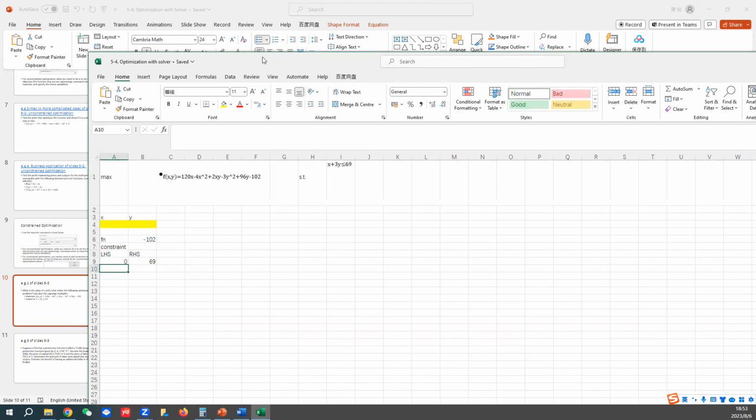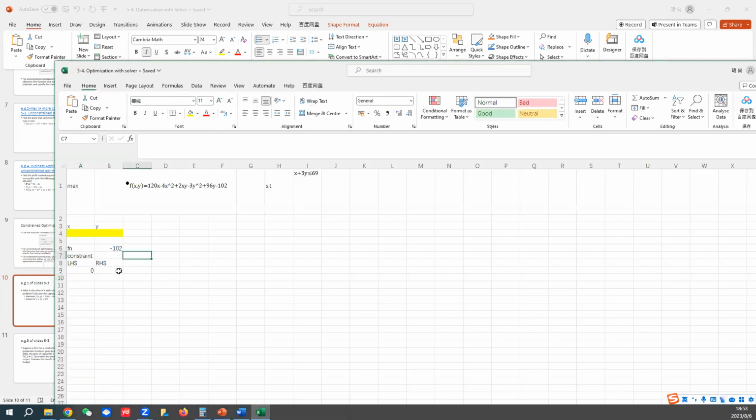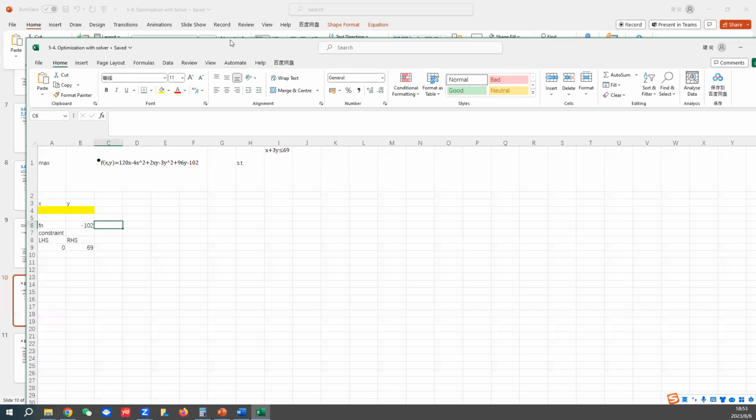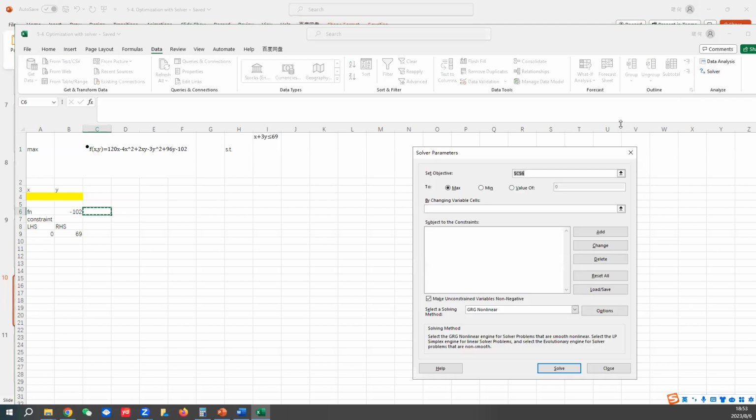Okay, so we have things set up. We just translated everything here into the solver programming. Now we just need to apply the solver, go to Data, Solver.